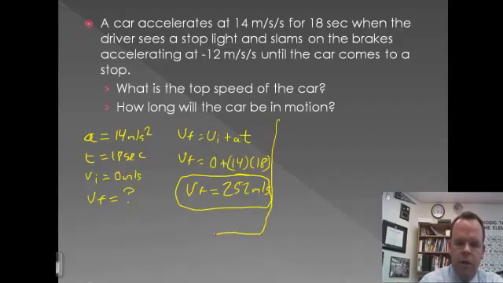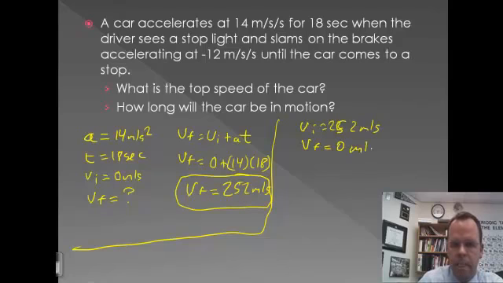Now for part 2, our initial velocity is 252. Our final velocity is 0. Our acceleration is negative 12. And we're looking for the time. So v final equals v initial plus a t.